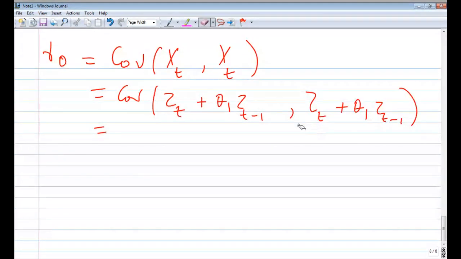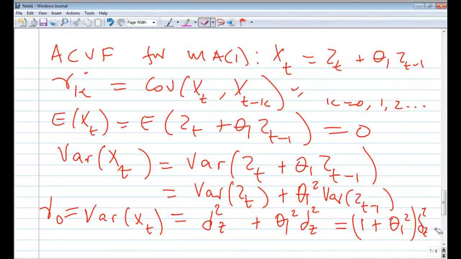Okay, it's fine. So I'm saying, let's go a little bit back so that we understand. We calculated gamma 0, which is equal to var of xt, which is equal to 1 plus theta 1 squared sigma squared z. If you don't want to use the last step here for finding gamma 0, you can use this one.